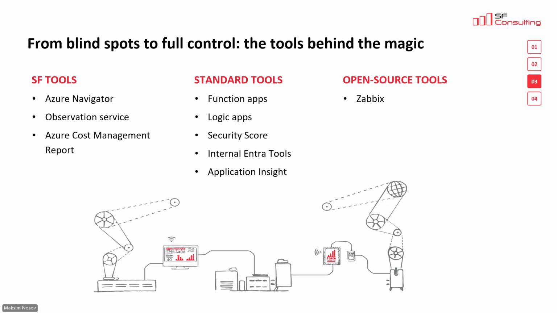But I think that visibility alone is not enough. I believe everyone has had this feeling when Azure shows that an environment is running, but it's actually dead. We've been there also, and that is why on top of SF Azure Navigator, we have built our SF Azure Observation Service for real health monitoring.